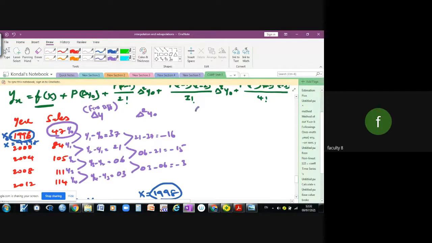Then the third difference, we have delta cube also now. So therefore delta 3 y0 or delta 3 y, no problem. Delta 3 y. Nothing but here we need to find out the differences.